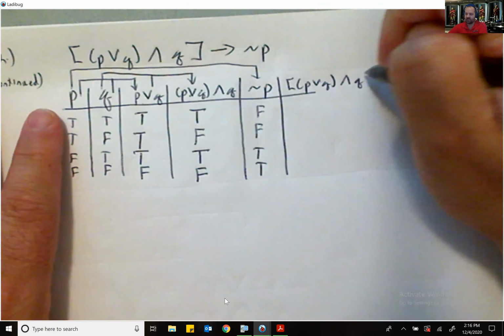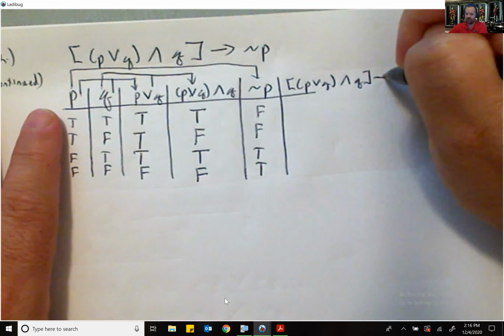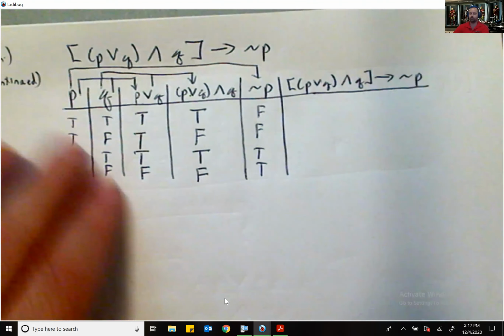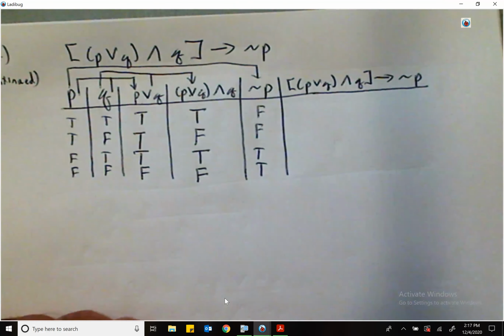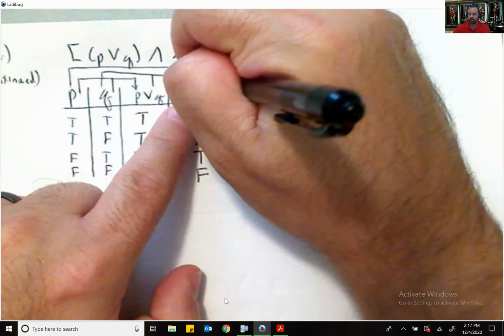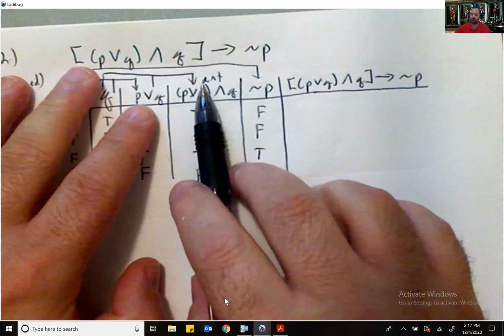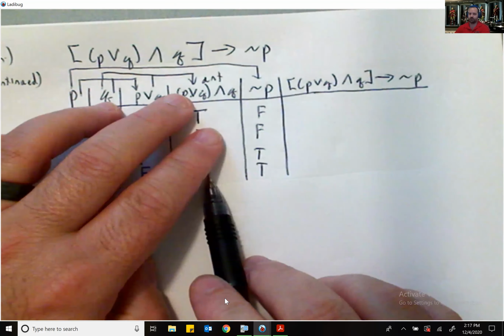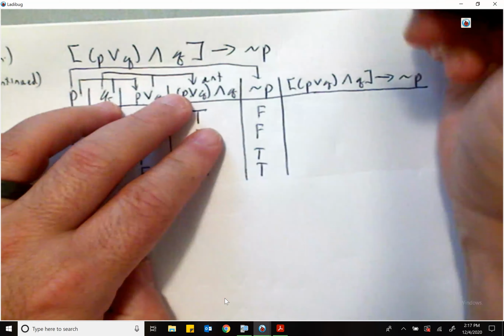Who is the antecedent of this conditional? P or Q. P or Q and Q. This is the antecedent column. Who is the consequent? Negate P. Okay.